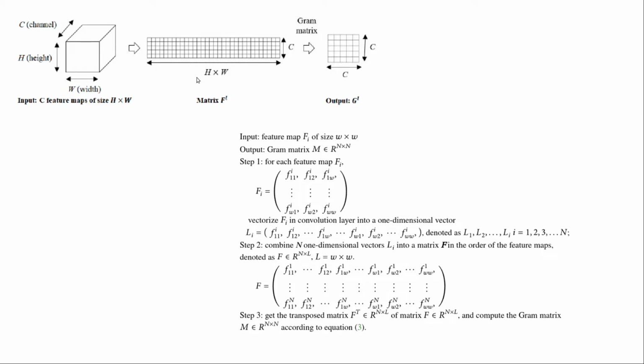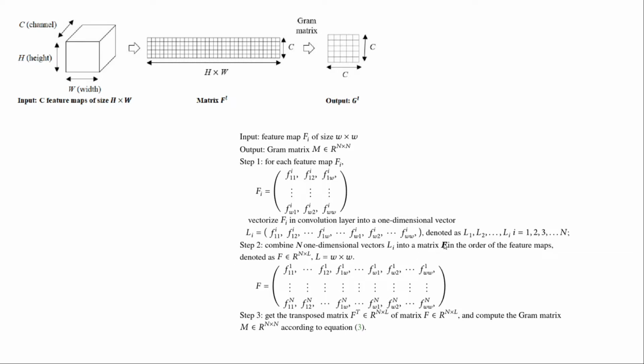Similarly, after doing this for a single image, convert all other images to the same kind of flattened vector, and then from all those vectors form a matrix, say M. The Gram matrix G of that set of images will be the matrix obtained from all these individual vectors and the transpose of that matrix.